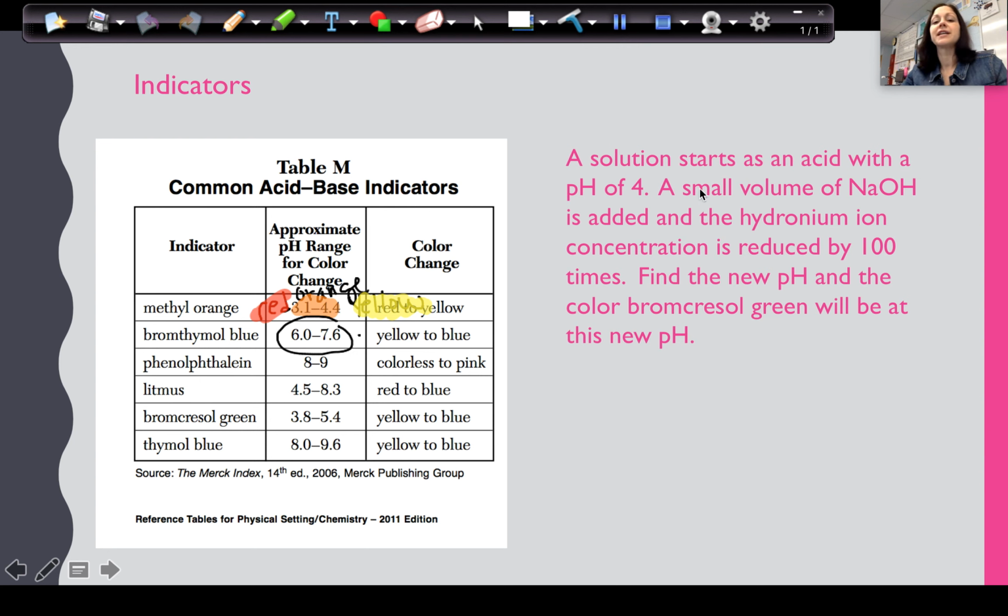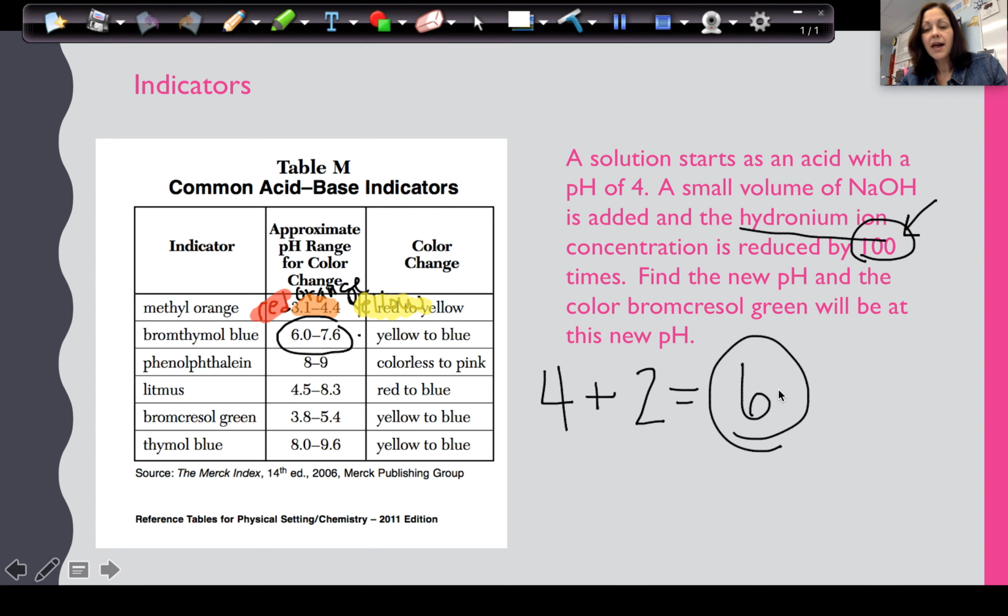So if we say a solution starts as an acid with a pH of 4, a small volume of NaOH is added, and the hydronium ion concentration is reduced by 100 times. That means if we're getting less hydronium, we're getting more basic, so the pH is going up. 100 times, 2 zeros, tells me to move by 2 places. Find the new pH. My new pH is 6, and what color will bromcresol green be?